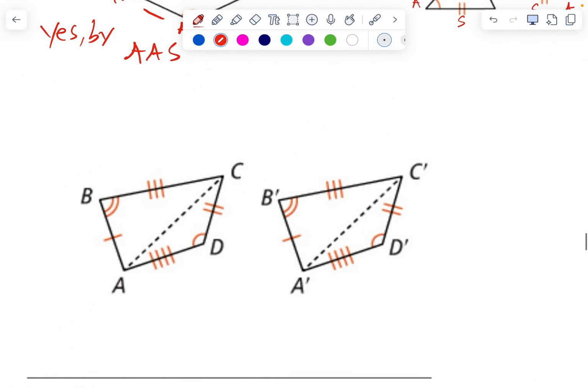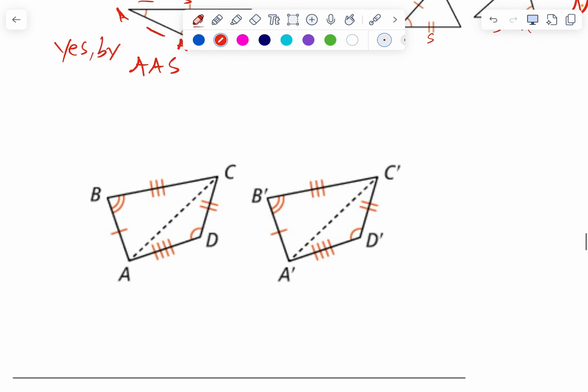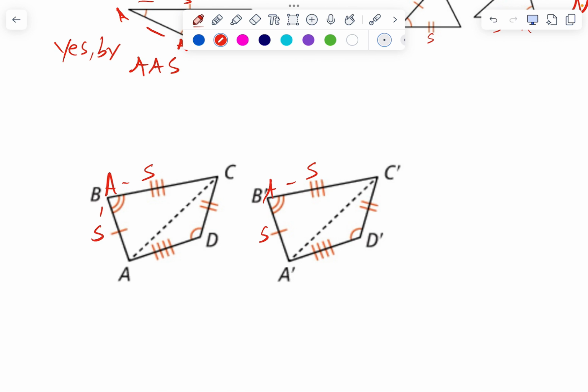Okay, how about down here? Are any triangles congruent in that one? Okay, we have what? SAS, SAS, so side angle side on both. I'll just say yes by SAS.